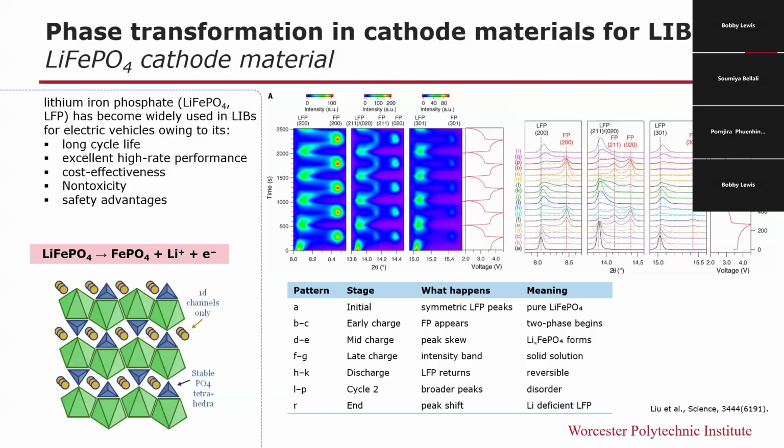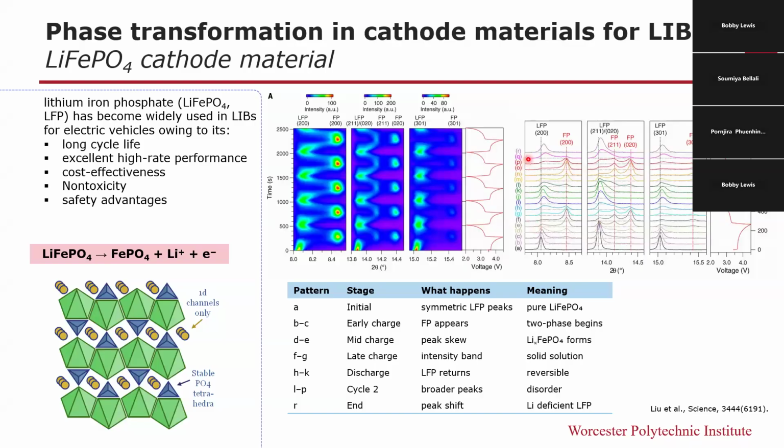This is where asymmetry is most severe across the entire figure, and the FFP at 200 and FP at 200 are connected by a continuous positive intensity band with no gap between them, meaning particles with all intermediate compositions exist simultaneously. This is the clearest evidence of non-equilibrium solid solution.